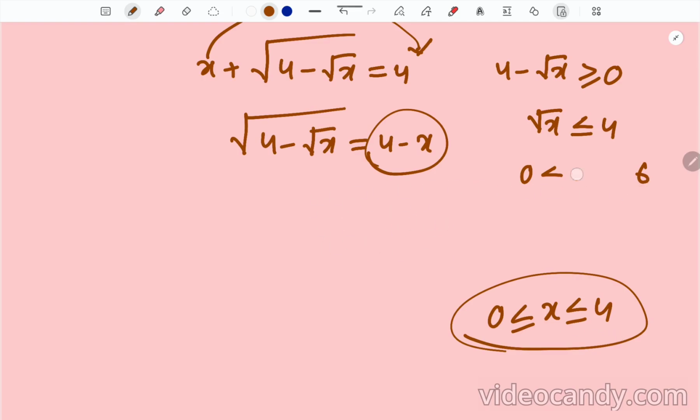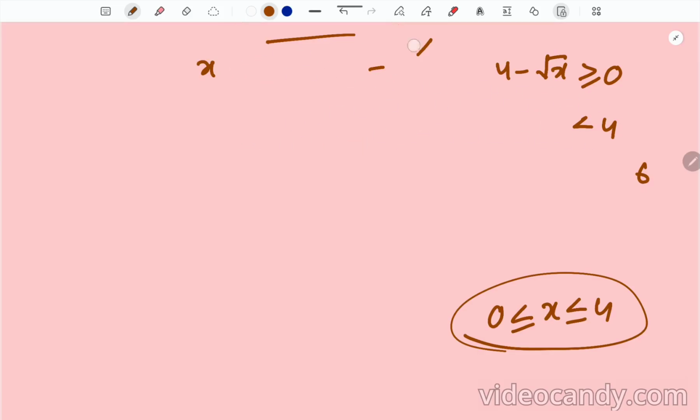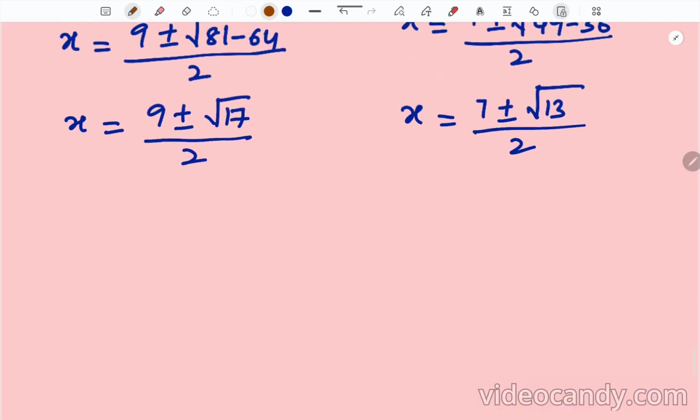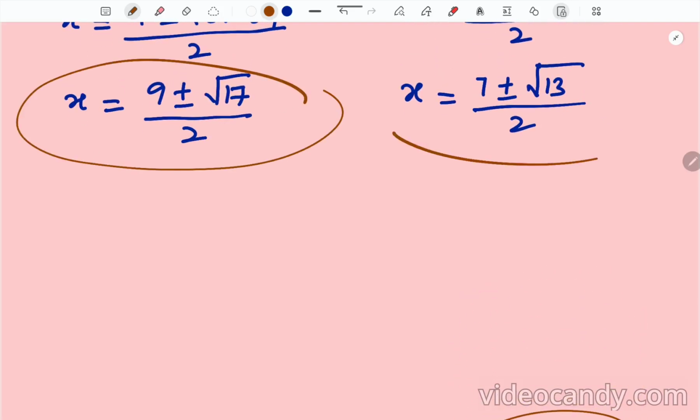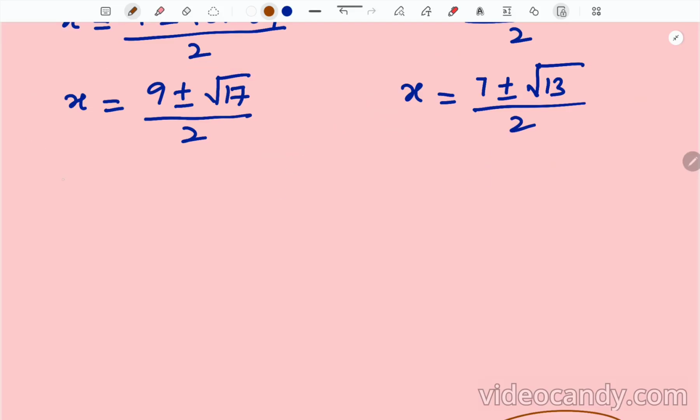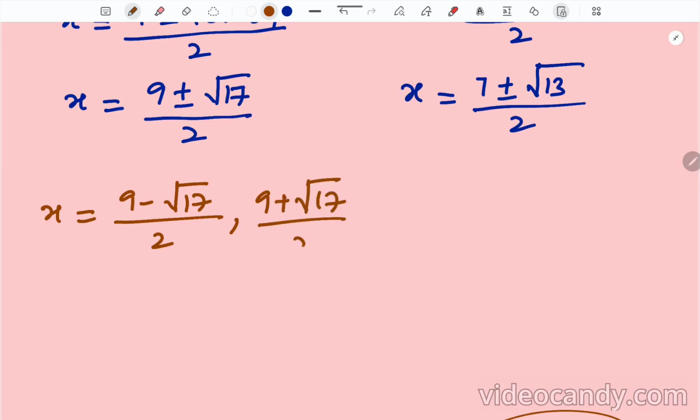Also, you have to check which values of x will satisfy. Now see here, we have two values: x is 9 minus root 17 by 2, and 9 plus root 17 by 2.